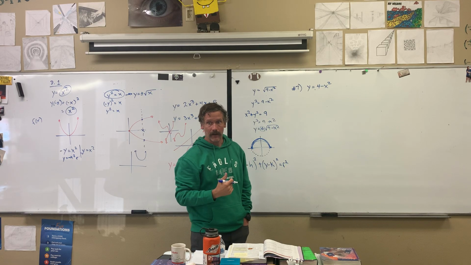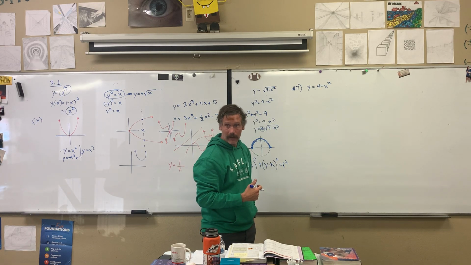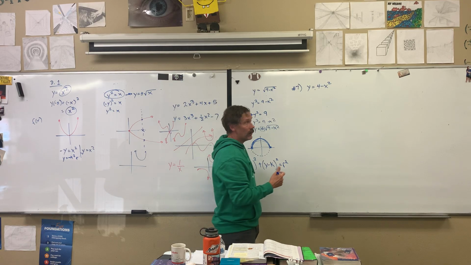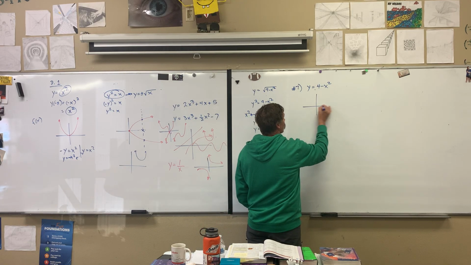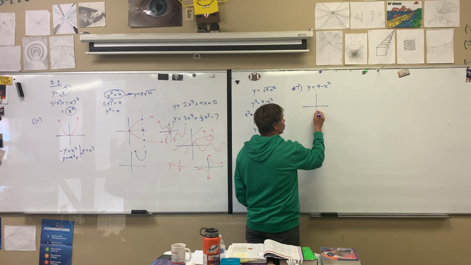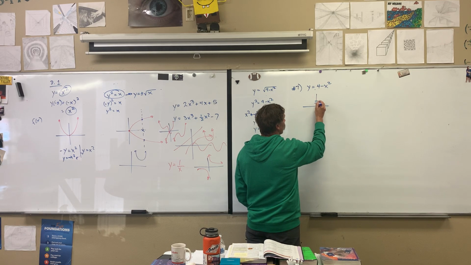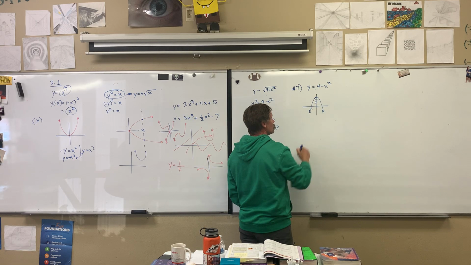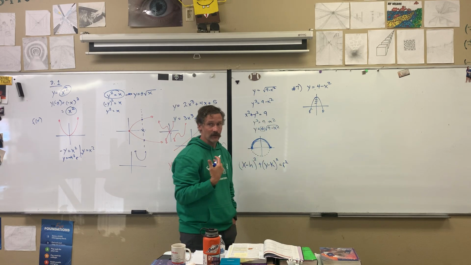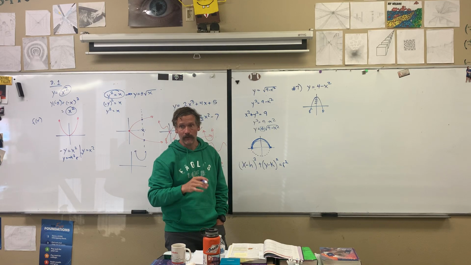It's a frowny face. It's a parabola opening which way, up or down? Down. And then where does it cross the y-axis? 4, yeah. Like that, and then goes down like this, right? So you should be able to graph that type of thing just from knowing your previous usage of parabolas.